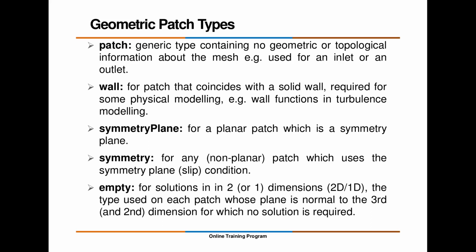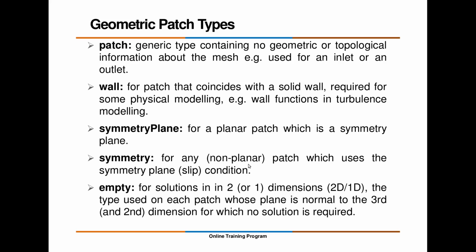Sometimes we are talking about flow through a bundle of tubes. At that point, even though you have symmetry, we cannot specify symmetric; we require the cyclic type of conditions, because we have so many tubes in it. So one has to check and judge appropriately which condition to apply at what locations. Symmetry is the more generalized class of these conditions, used for any non-planar patch.